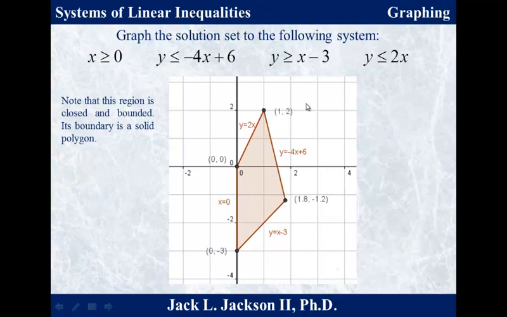So notice that this region is closed and bounded. It's contained all inside a circle. You got solid boundaries all the way around, so the corners are included, the vertices are included, as well as all these points in between. In fact, this is a polygon plus its interior, a quadrilateral plus its interior.